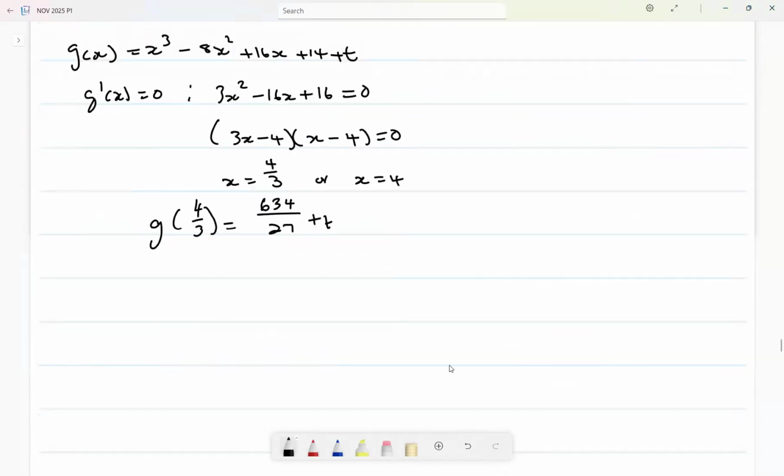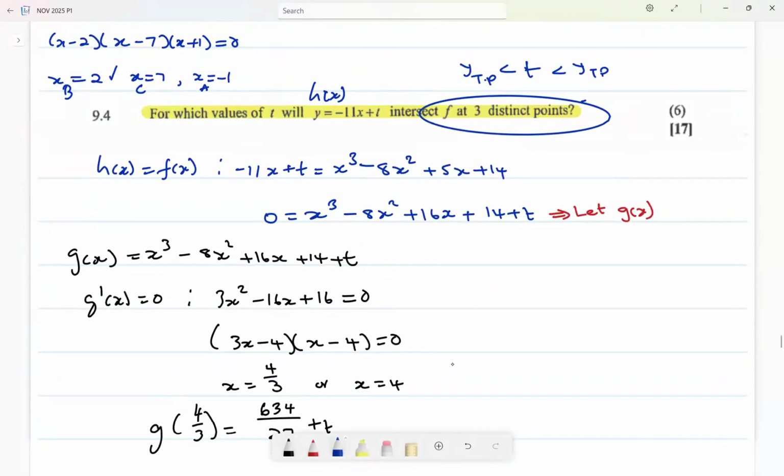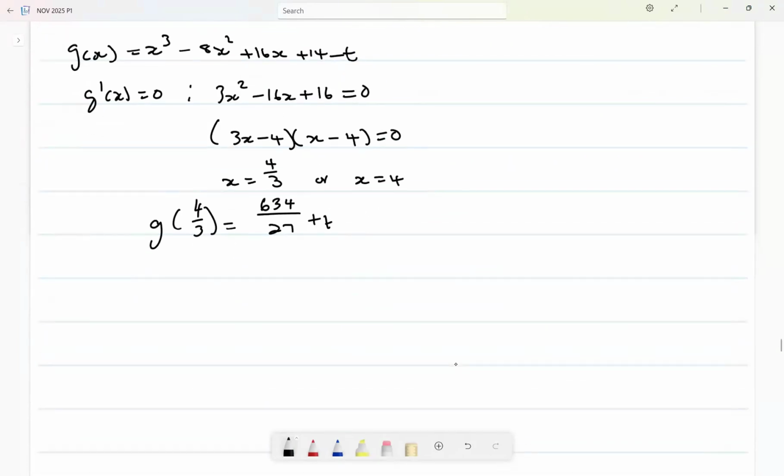By the way, when we transpose this, it was supposed to be negative, even though it had no influence on the answer. And then minus t. And then I'm going to find g of 4. Let me quickly punch that on my calculator. Okay, I get 14 minus t.